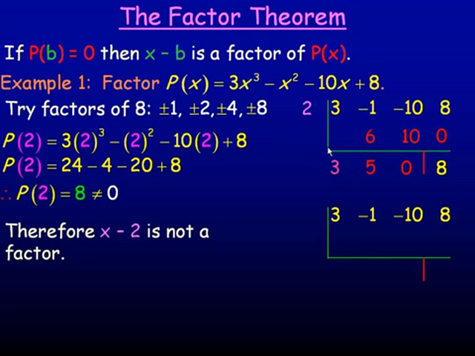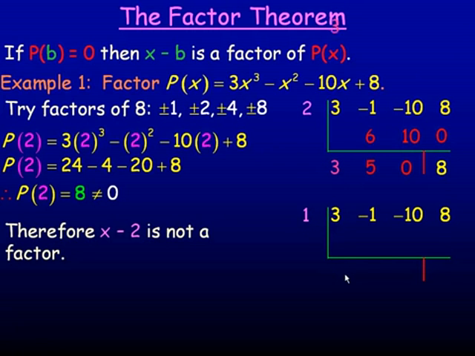Now, you continue to search for numbers that do give a remainder of 0. For example, another factor of 8 is 1. 1 is another number in this list, so we could try 1. Or you could graph 3x cubed minus x squared minus 10x plus 8, and notice that one of the x-intercepts is 1.